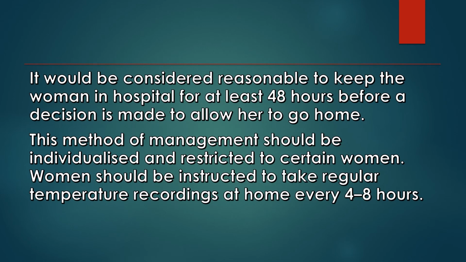It would be considered reasonable to keep the woman in hospital for at least 48 hours before a decision is made to allow her to go home. This method of management should be individualized and restricted to certain women. Women should be instructed to take regular temperature readings at home every 4 to 8 hours.